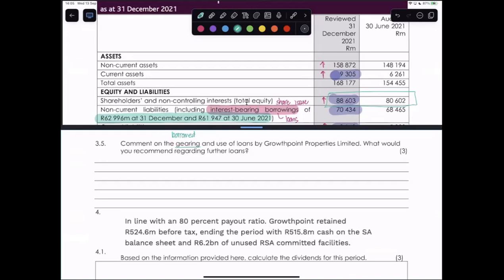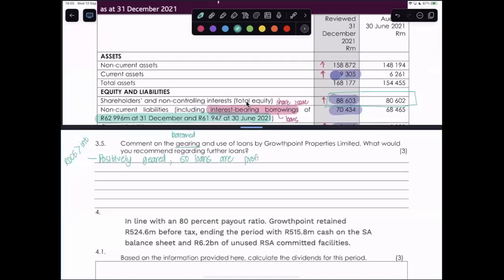Immediately, I would comment and say that this business is positively geared. Keep in mind that positively geared refers to the fact that you've compared your return on capital employed to the interest rate, and the return is bigger than the interest rate. That means it's positively geared so that loans are profitable.